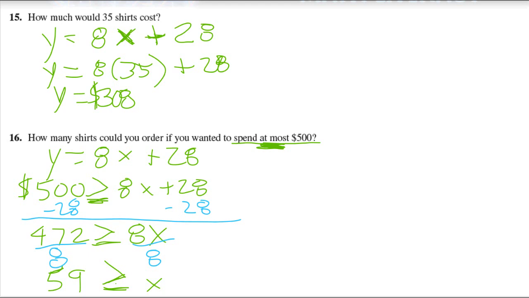Okay. And so x has to be less than or equal to 59. Since we did not have a decimal, I don't really need to worry about how to round it. But anyway, you got to see another inequality and solving an inequality.